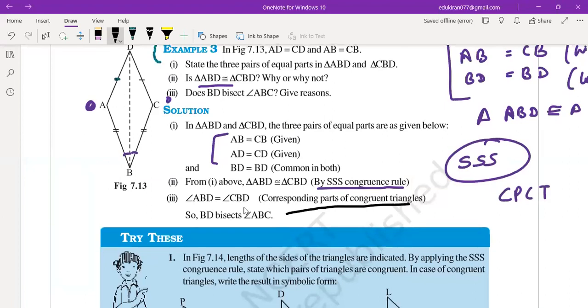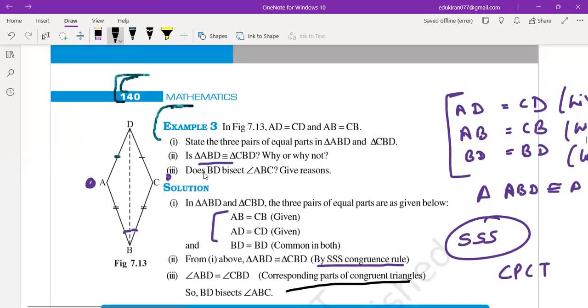Ma'am, will we be using CPCT in this grade? Yes, in this grade and in this chapter, we will be. See over here, they are asking you, does BD bisect angle ABC? That means angle ABD is equal to angle CBD.